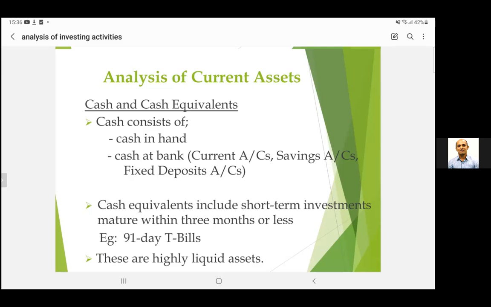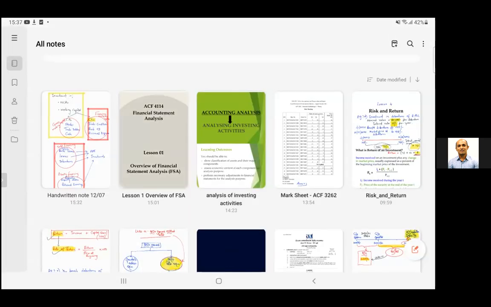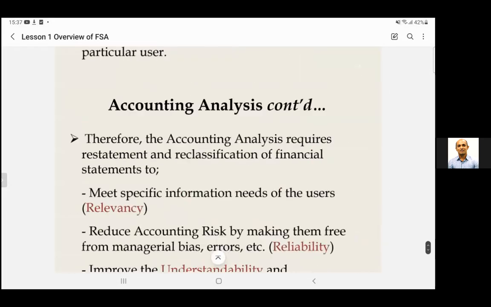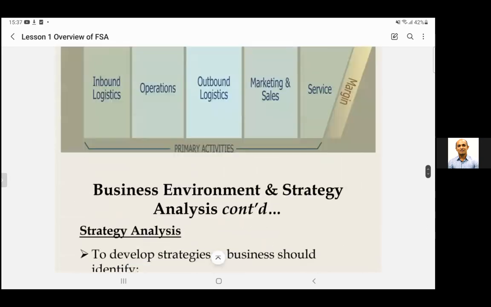The second one, you get more idea about companies' various activities. After the accounting analysis, you have more knowledge about companies' investing activities, financing activities, and operating activities.